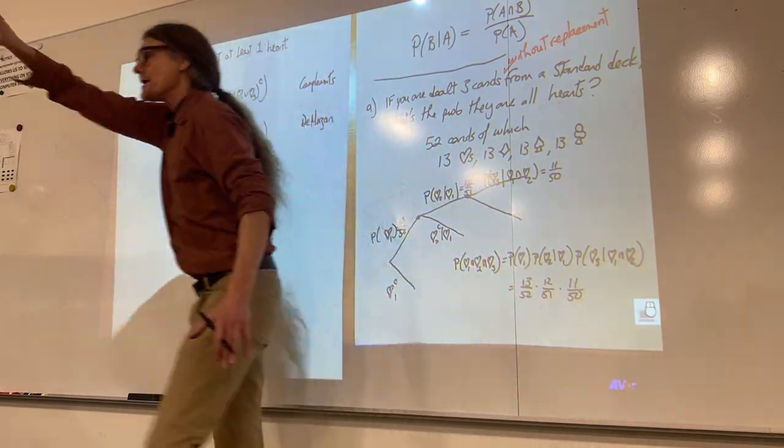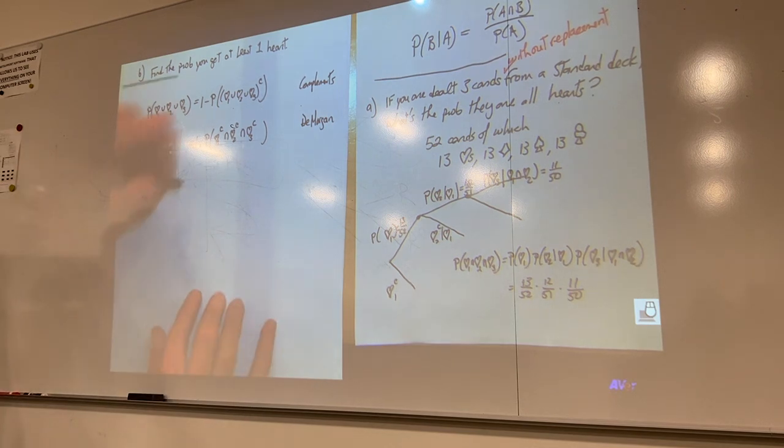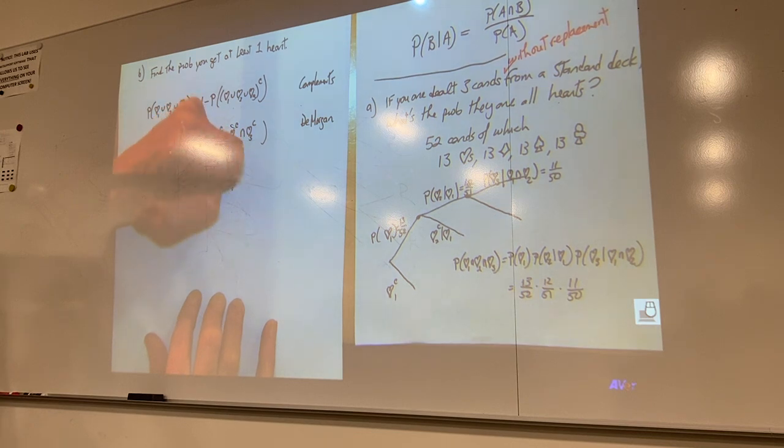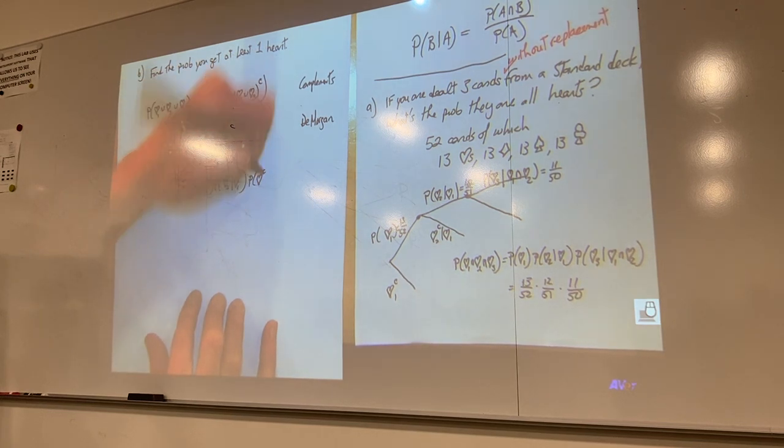Because now that's 1 minus the probability the first one is not a heart, times the probability the second is not a heart, given the first was not a heart, times the probability the third is not a heart, given neither of the first two were hearts.